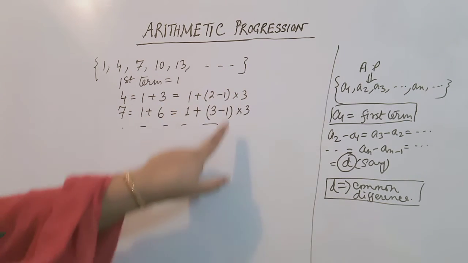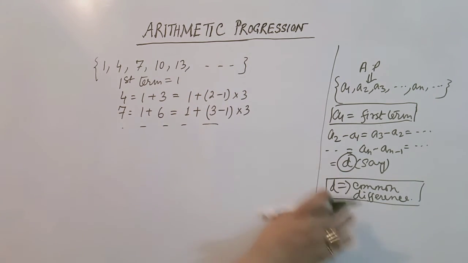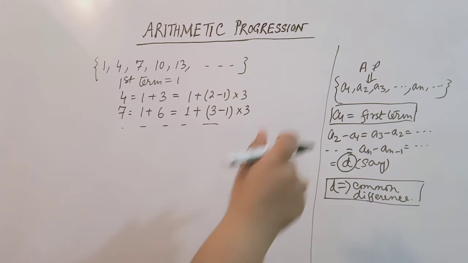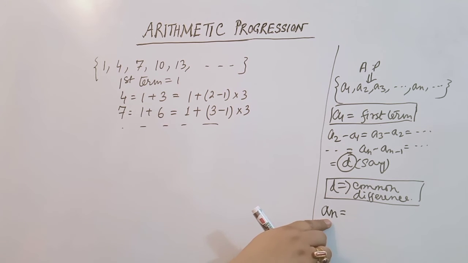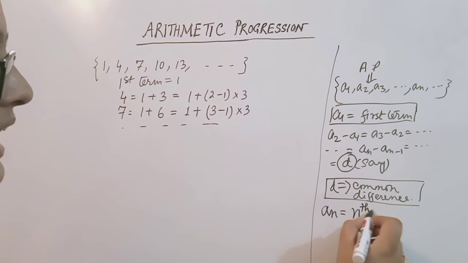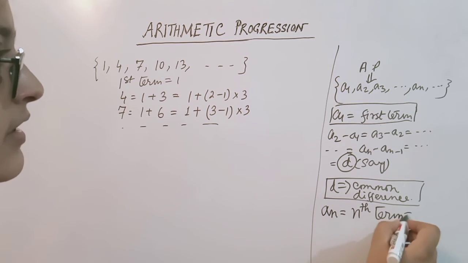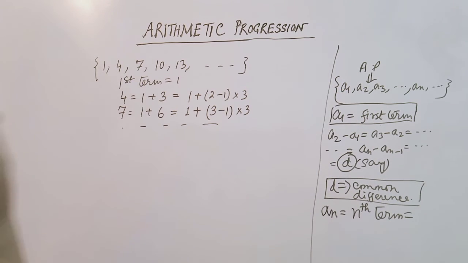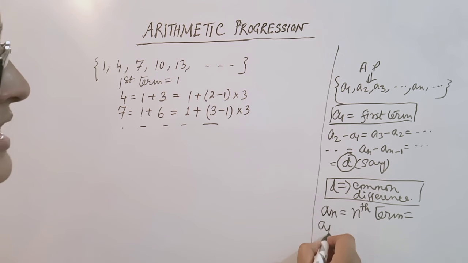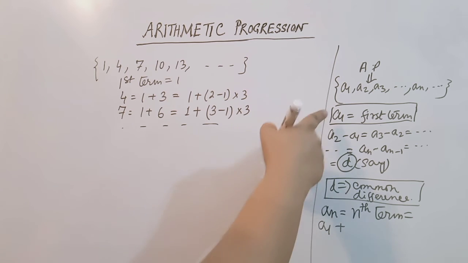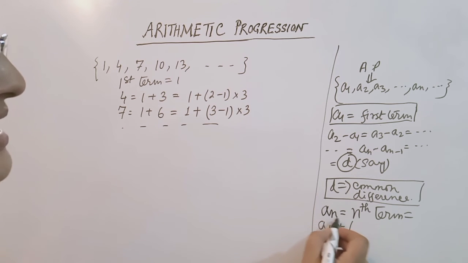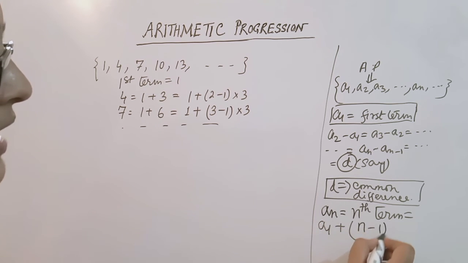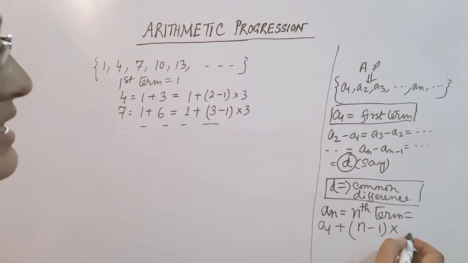So following this pattern, if we write down a general format, suppose an is the nth term of this arithmetic progression, then in general we can write that an can be obtained by a1, means the first term, plus (n minus 1) into the common difference d, where n is the position of this nth term.